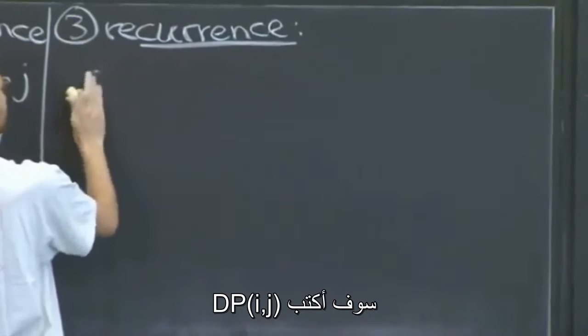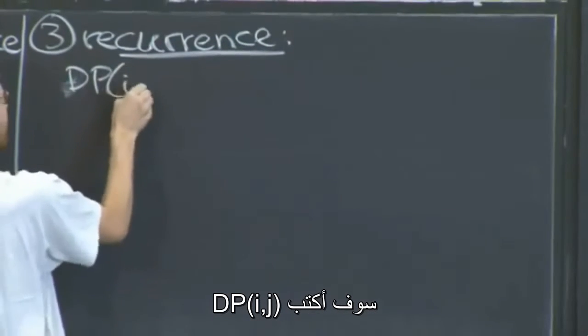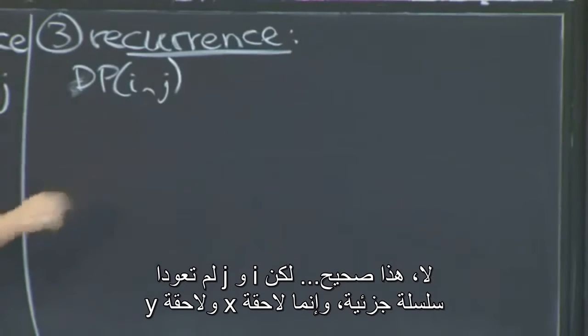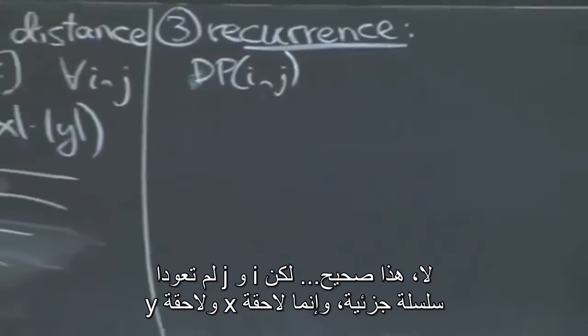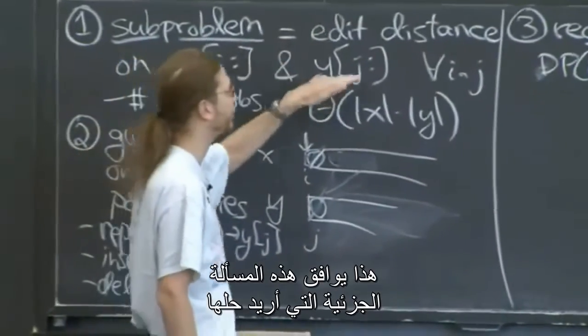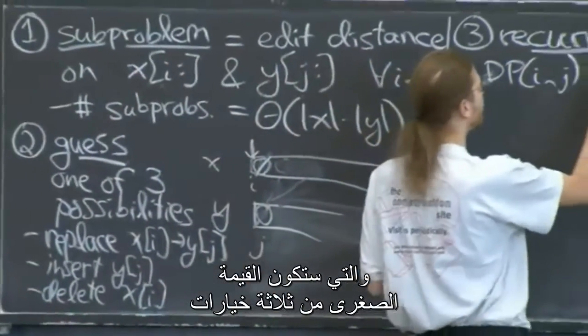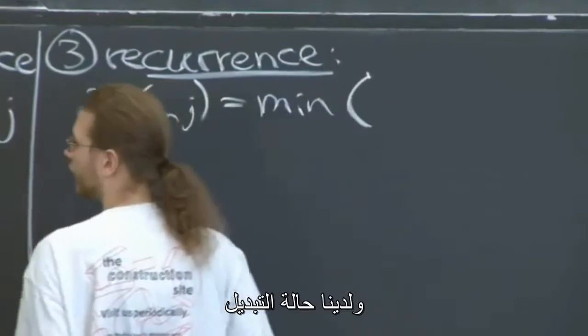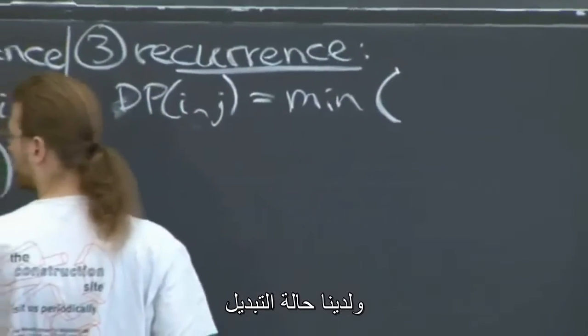So I'm going to write dp of i comma j. But now i comma j is not a substring. It's a suffix of x and a suffix of y. So it corresponds to this subproblem. If I want to solve that subproblem, it's going to be the min of three options. We've got the replace case.